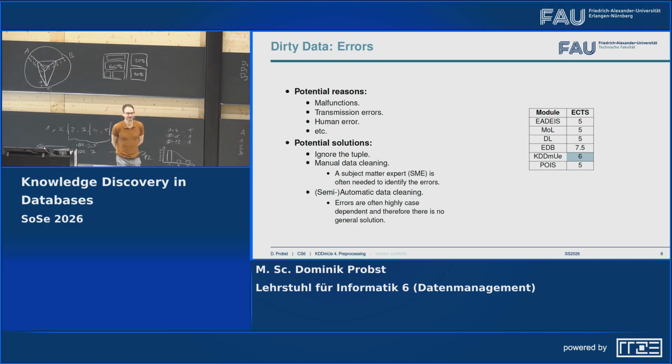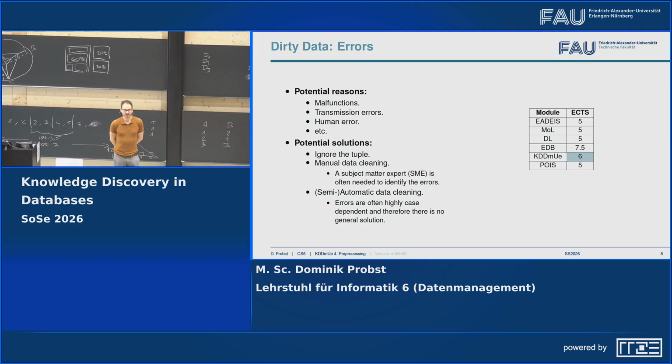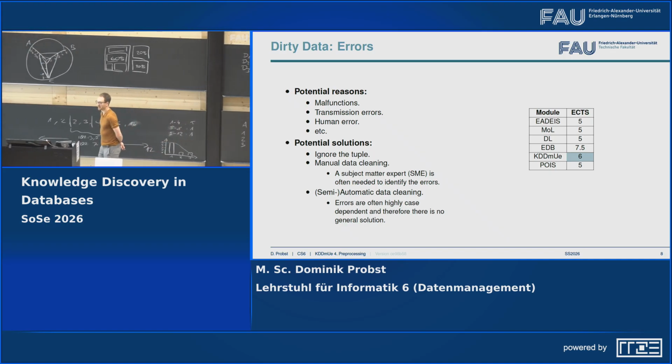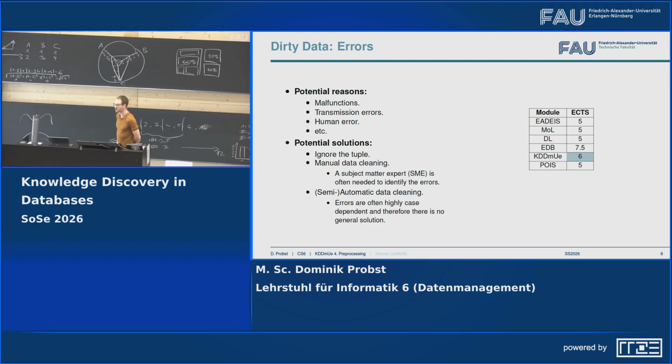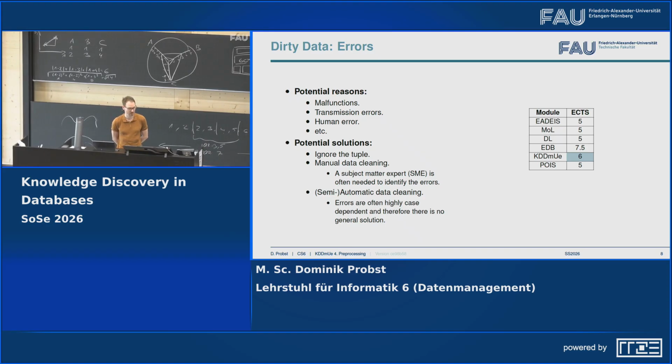If you're an expert in the domain, you can simply correct that. You spot that error and you fix that. If you do not recognize it's an error, or you do not know the real solution to that, you can also ignore the tuple. So you can just skip it.